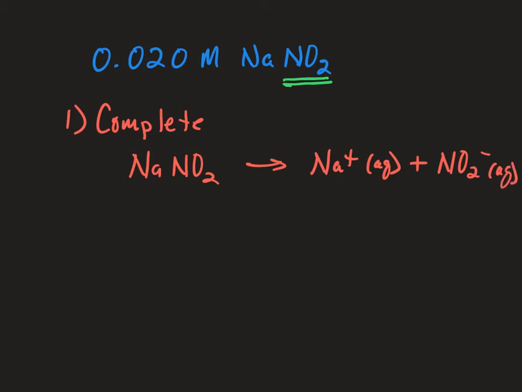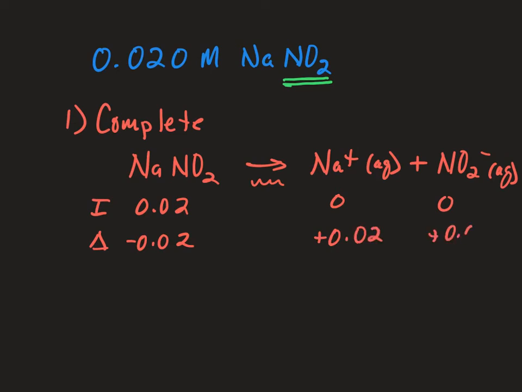And if our initial is 0.02, then our change, because it is a complete process, is going to be all of that dissociates, as in a limiting reactant problem. And so we end up with plus 0.02 and plus 0.02. Now, sodium ions aren't going to do anything.